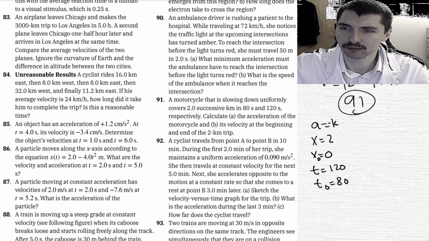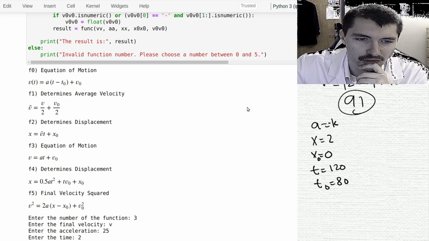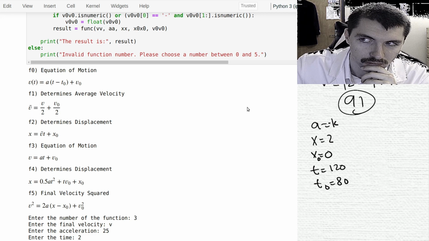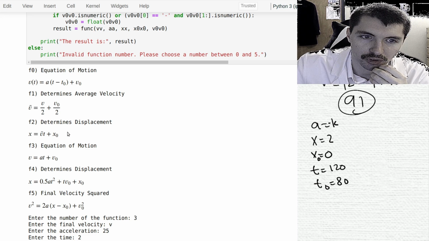Okay, this might be a tricky one. So we don't have any velocity. No velocity, so that's kind of a problem. So we should probably start by finding a velocity, right? Probably use equation 2.